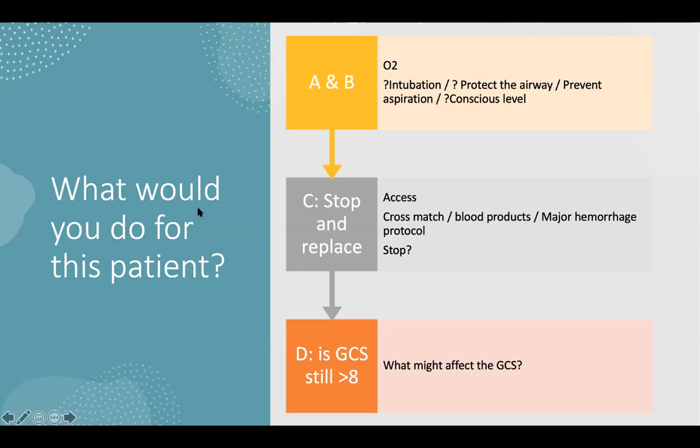And D, you have the GCS of the patient. When you assess the GCS of this patient, the examiner might ask you, why might the GCS of this patient be impaired? What's the implication of that? That's an OSCE question. Why might this patient have a disturbed conscious level?